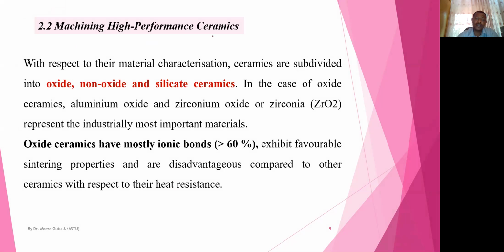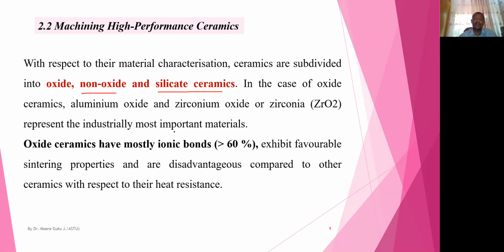We have said glasses, ceramics, and a lot of oxides. So we will see them one by one. With respect to their material characterization, ceramics are subdivided into three: oxide ceramics, non-oxide ceramics, and silicate ceramics. In the case of oxide ceramics, aluminum oxide and zirconium oxide represent the industrially most important materials.